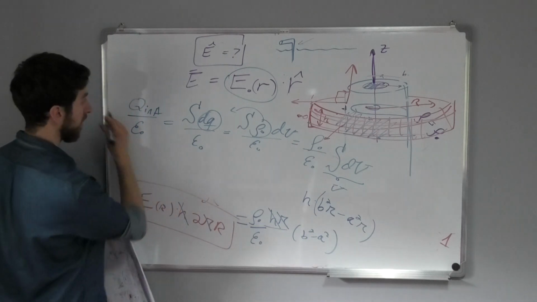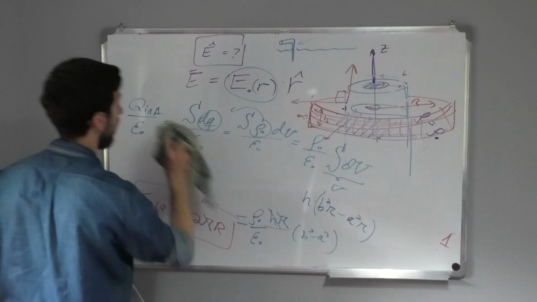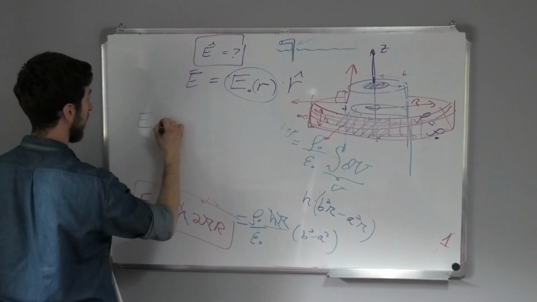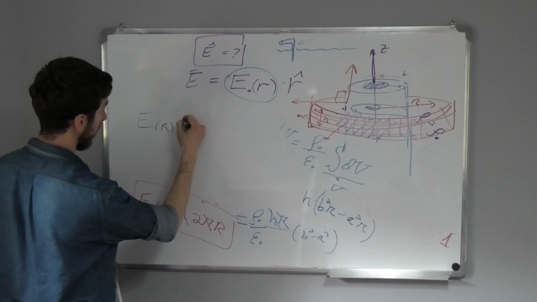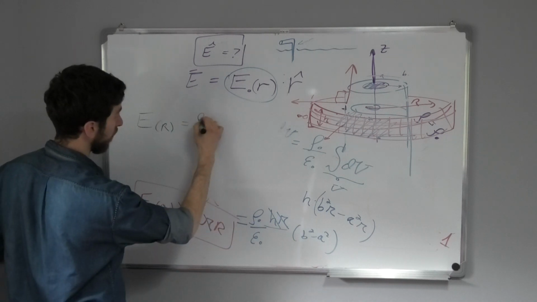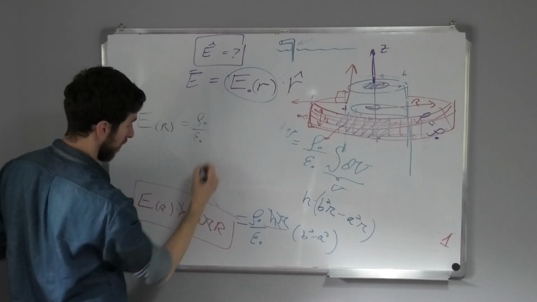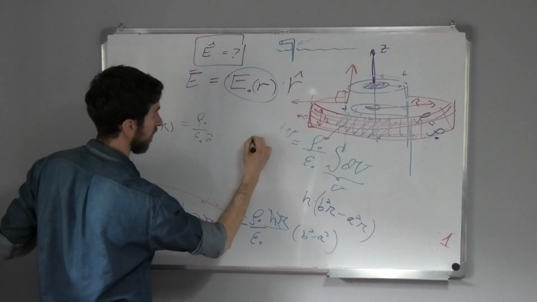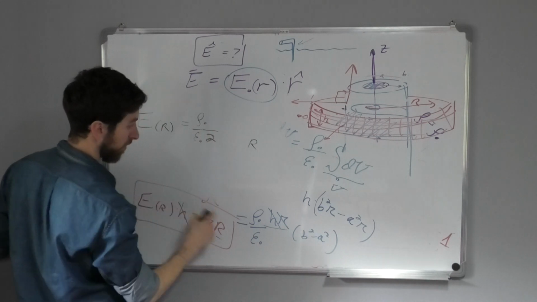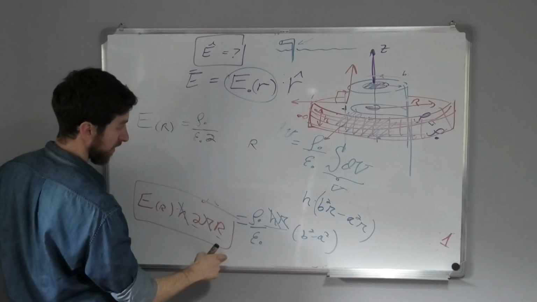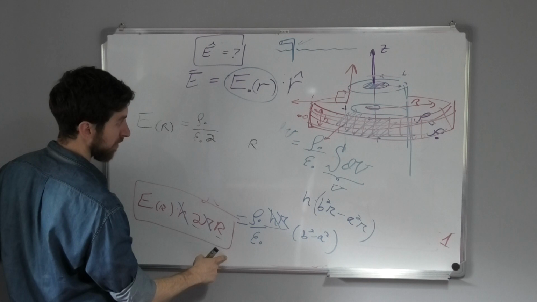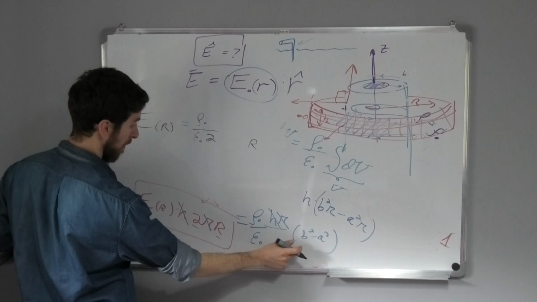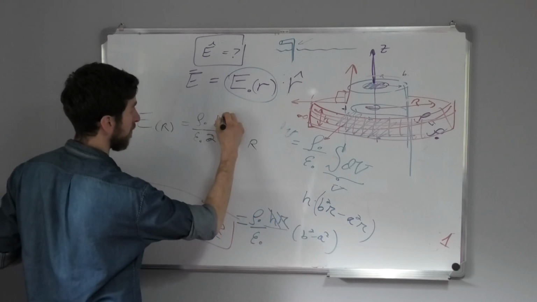From these two, we got that E as a function of r equals rho 0 over epsilon 0, times b squared minus a squared over 2r.